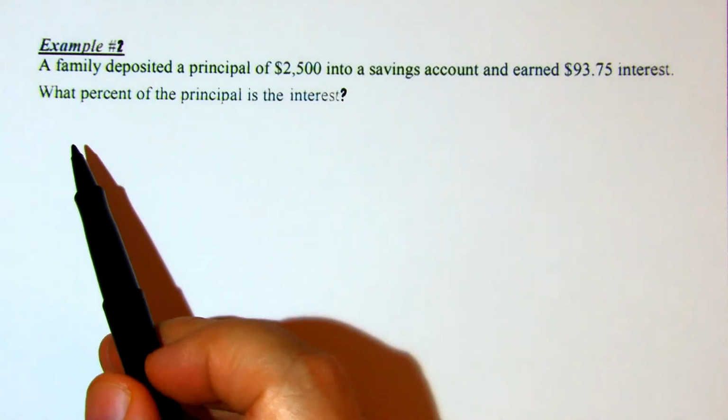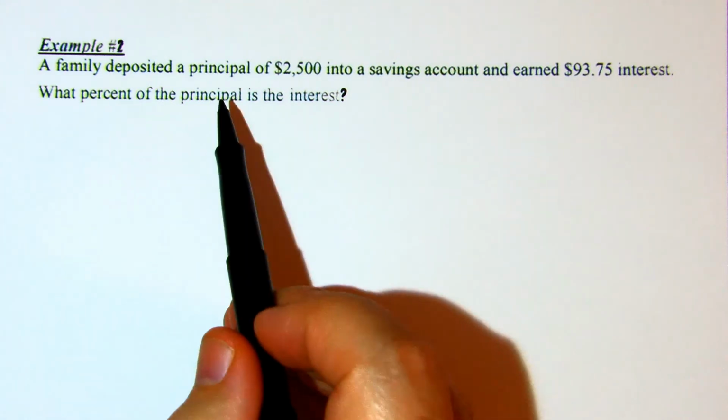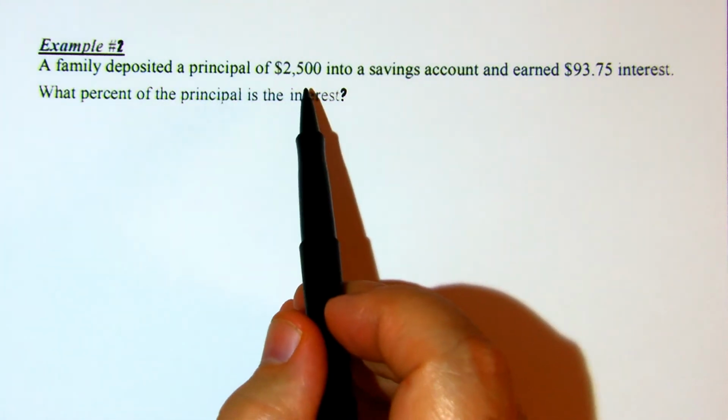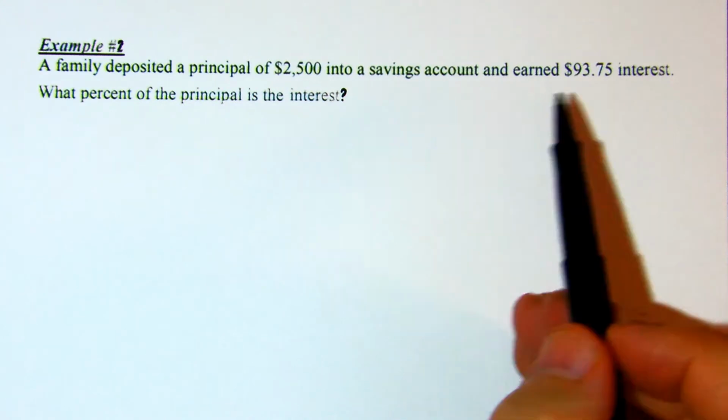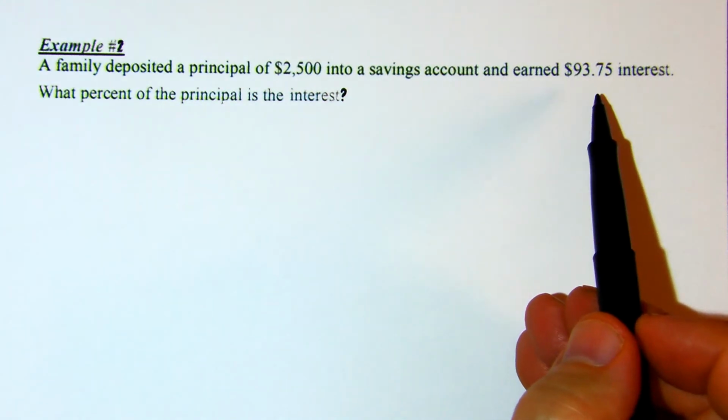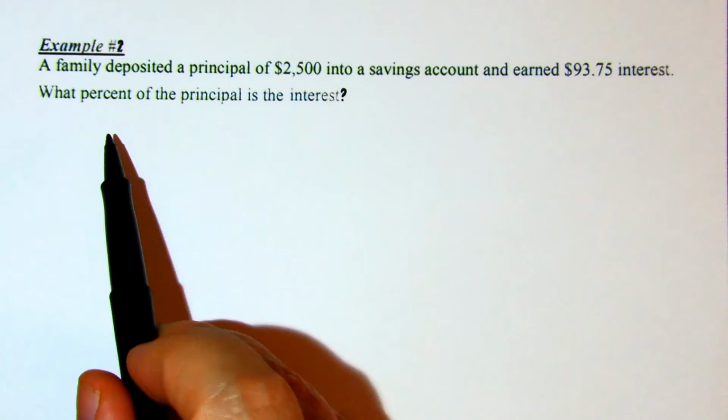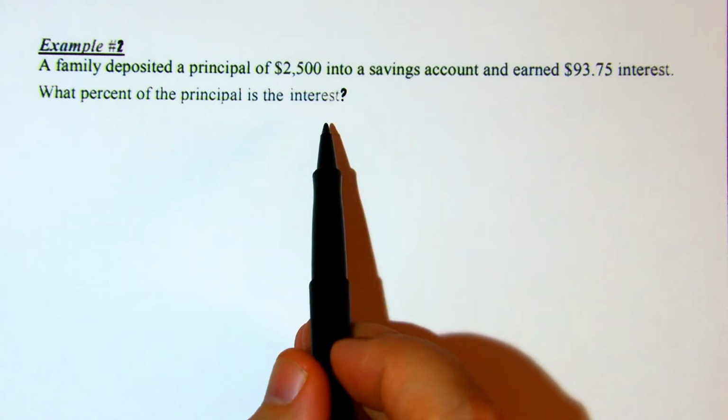Example number 2. A family deposited a principal of $2,500 into a savings account and earned $93.75 interest. What percent of the principal is the interest?